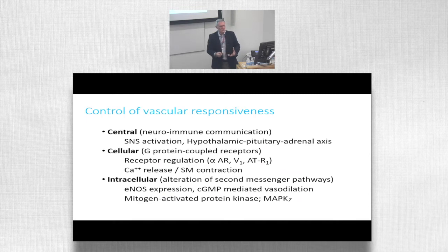And then intracellular is where the alteration in second messenger pathways occur, and in particular the expression of endothelial nitric oxide synthase, which results in cyclic GMP-mediated vasodilation. And much more is now understood about that expression through the release of mitogen activated protein kinase genes. Point is that it's a very complex system.